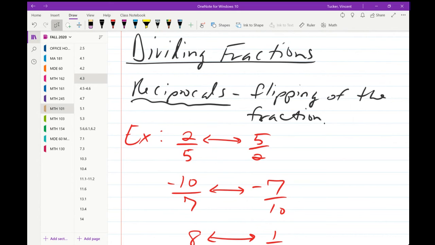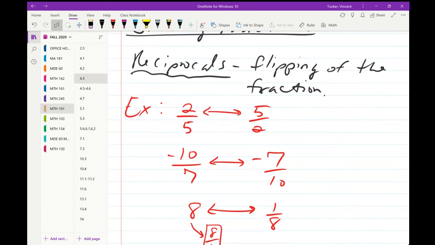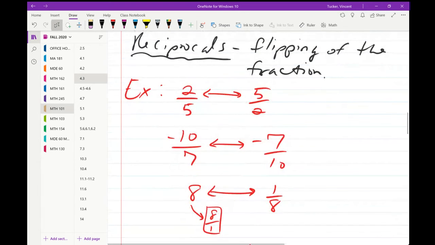That's just flipping your fraction. So if I have 2/5, when you flip the fraction, you get 5/2. That's the reciprocal. Both of them are reciprocals of each other. Same thing with -10/7. The reciprocal is -7/10. And then the reciprocal of 8 is 1/8.